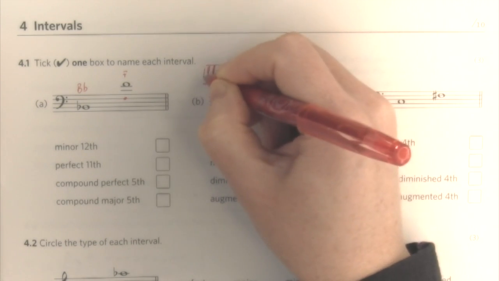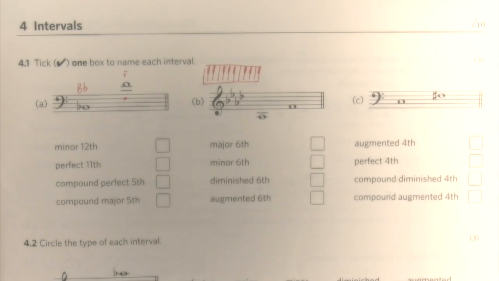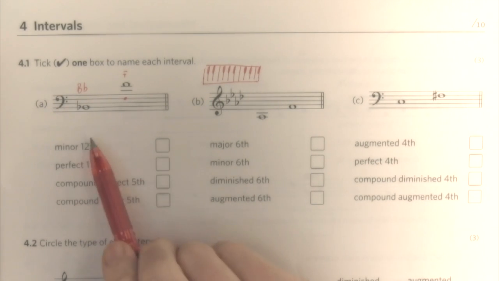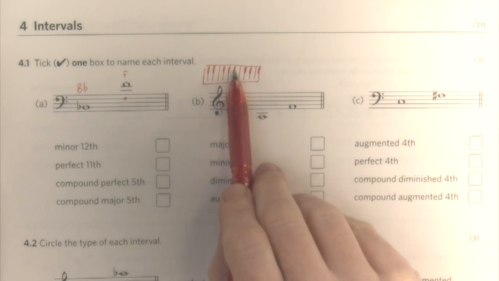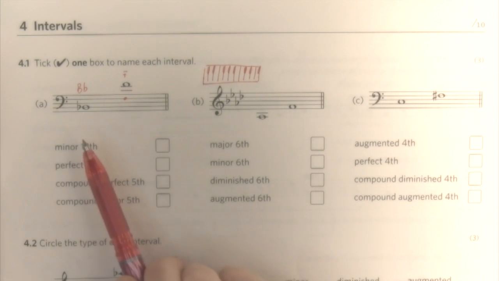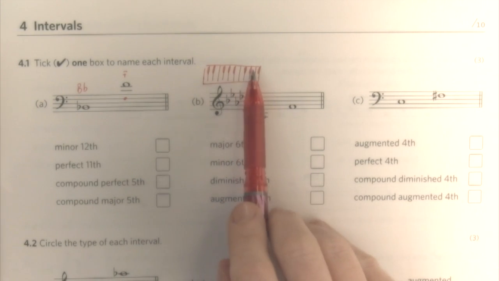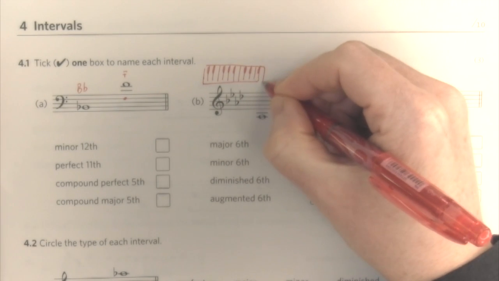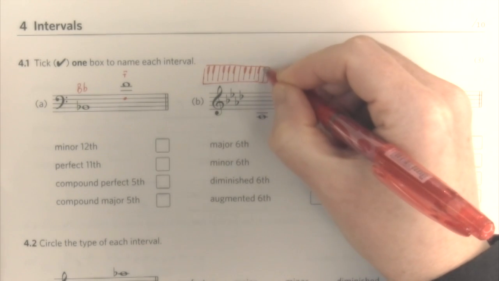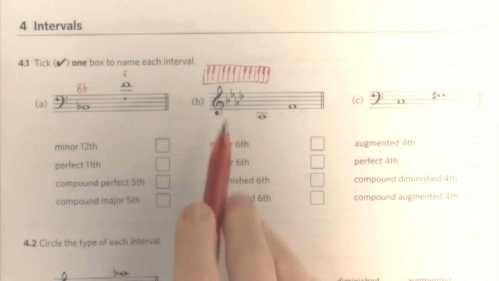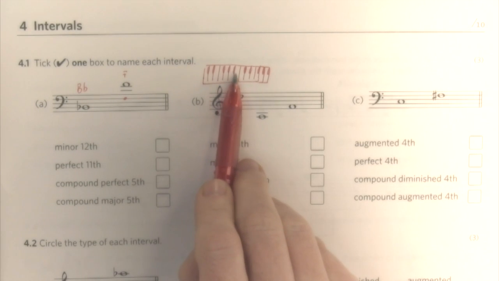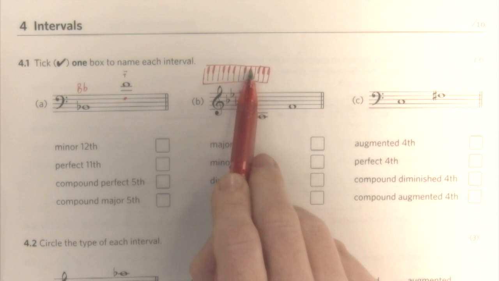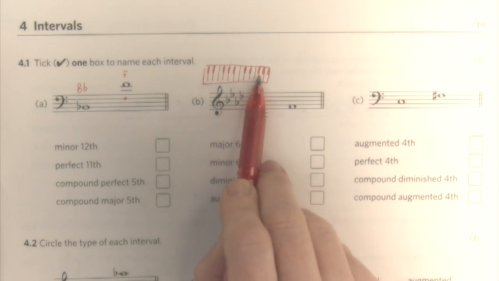Okay. A fifth is 3.5 tones away. A fifth is 3.5 tones away. So from B flat, okay, here let's count. 1 tone, 2 tones, 3 tones and a half.